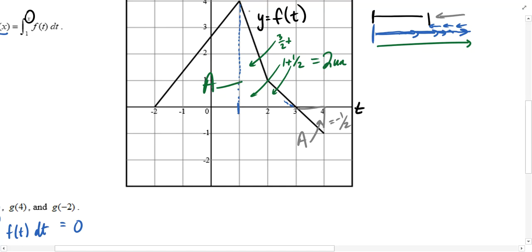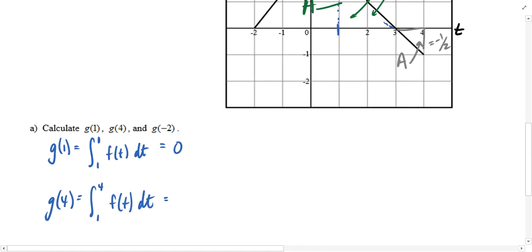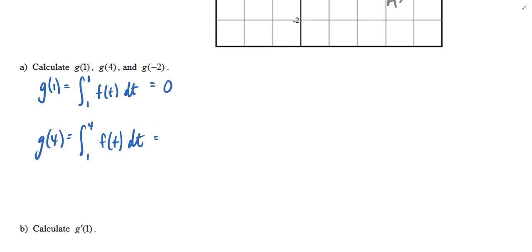So 2 units for the upper area minus 1/2 of a unit leaves us with 1.5 units. And 1.5 could also be written as 3/2. So 3/2 of a unit will be the result for g of 4.